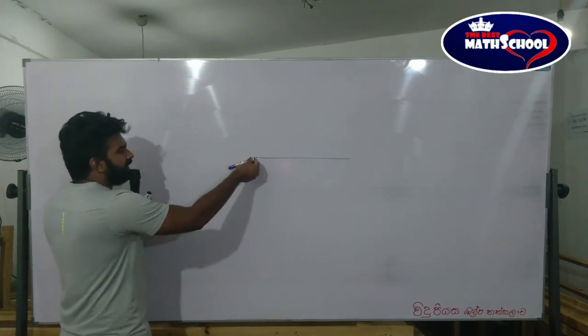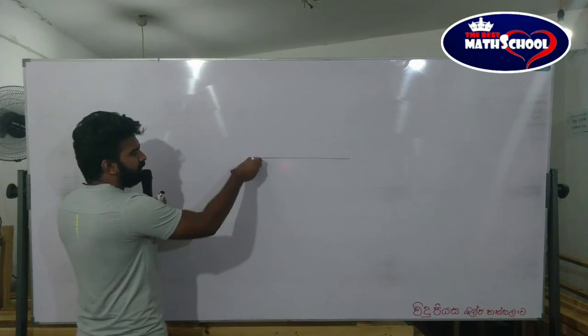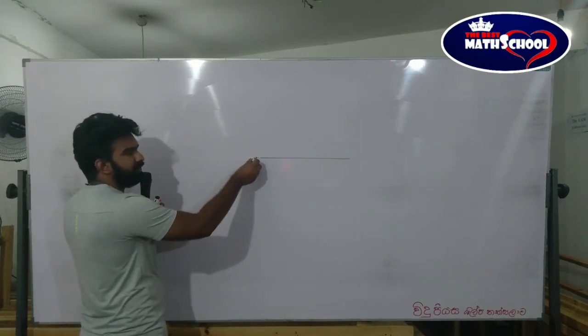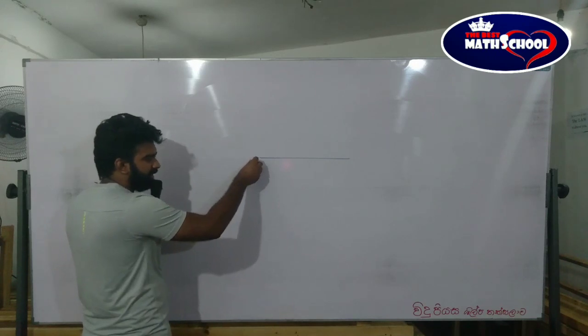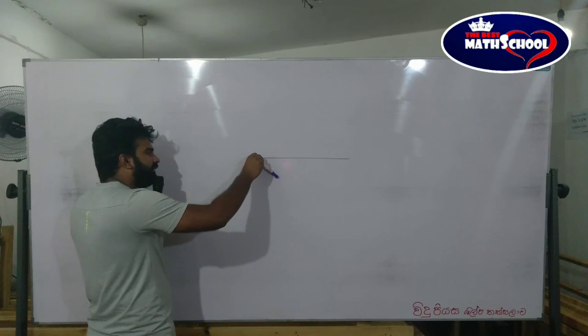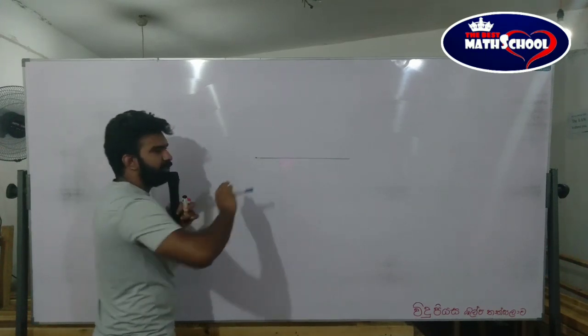More than a straight angle, this angle will be what? The final one, the reflex angle. Still it is a reflex angle, and when it comes like this, it will get finished.